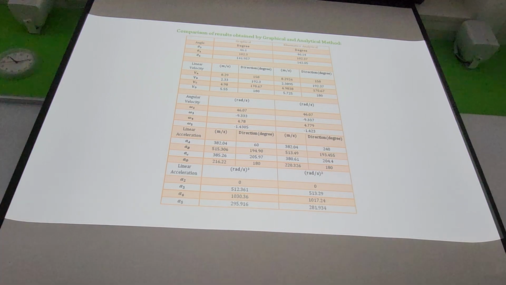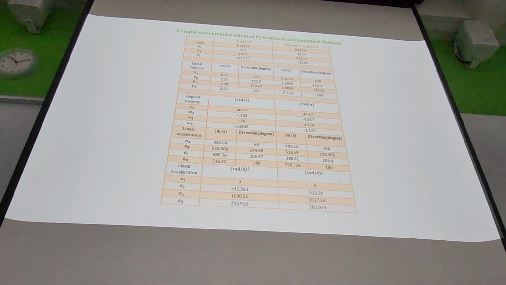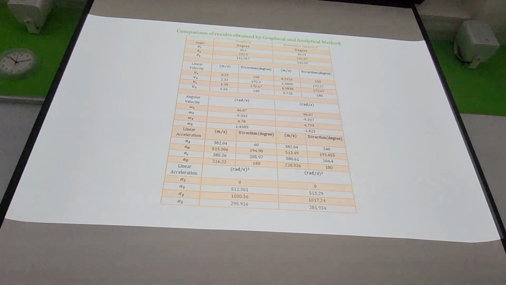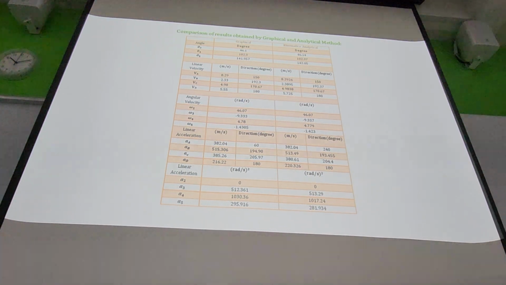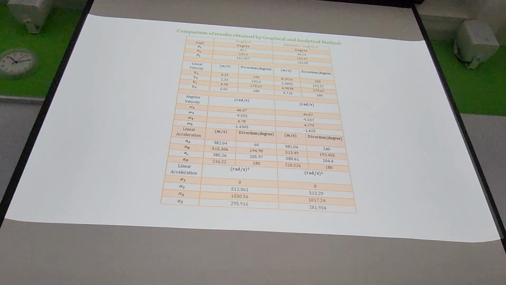So it is 8.29 and analytical also same. So then angular velocities, so then accelerations, then angular accelerations. Okay, so at the end of your assignment, first part, we need to see the table like this.